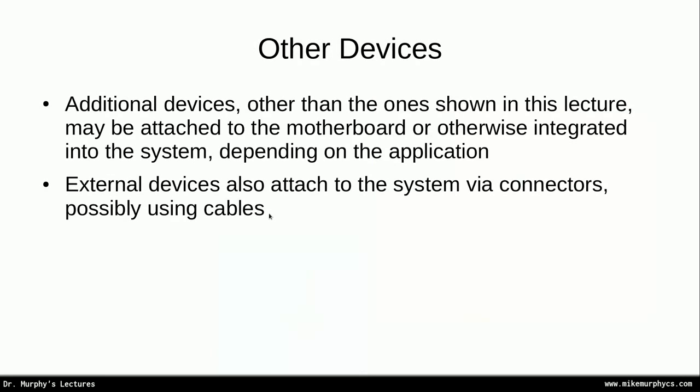There are also other devices that we can attach to the system, and these devices can be connected to the motherboard internally, so they can be plugged into a slot or other type of connector on the motherboard, or even soldered to the motherboard. We also have external devices that can be attached to the system via connectors, potentially using cables. You're probably familiar with the keyboard and mouse.